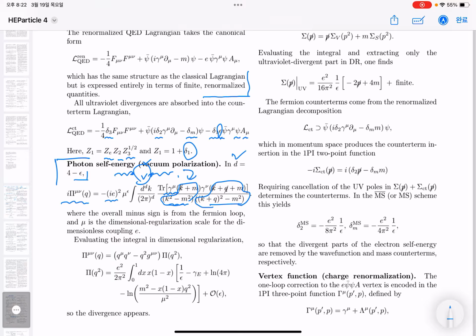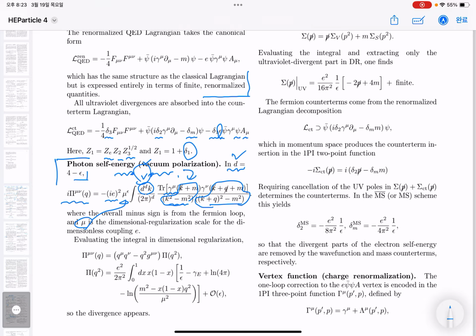And because now we are in dimensional regularization, the momentum integral is given by d^d k, and the electric charge now has a dimension in d-dimensional space-time. So to make the dimensionless coupling, a scale factor mu will be multiplied, raised to the power of epsilon, where epsilon, as I already mentioned, represents the difference of the dimension.